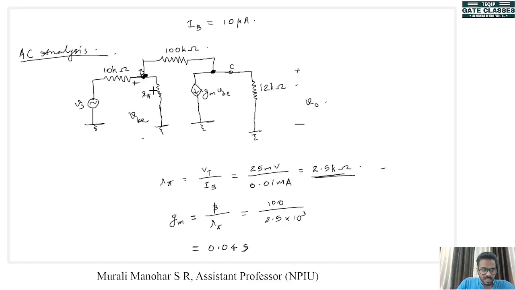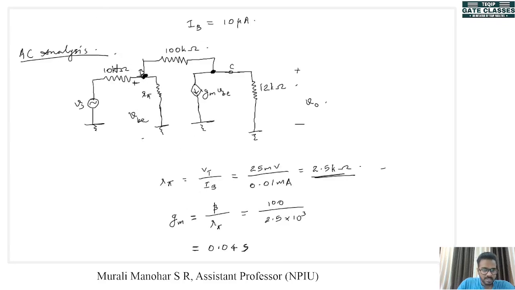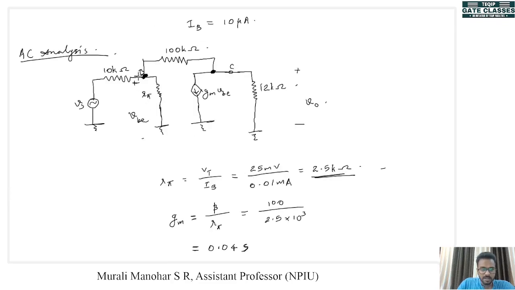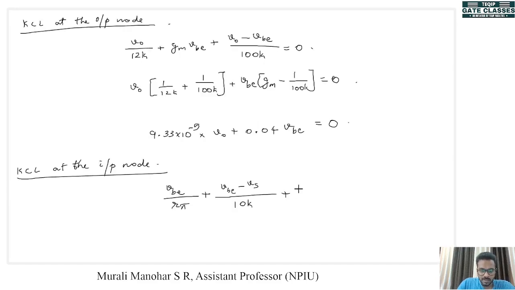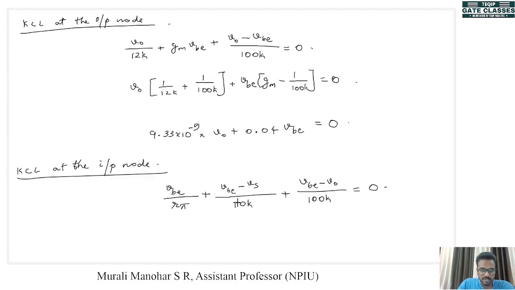Here we can see that the current is VBE divided by R pi, plus VBE minus Vs divided by 10k, plus the current VBE minus V out divided by 100k. That will be equal to 0. That is all the currents.